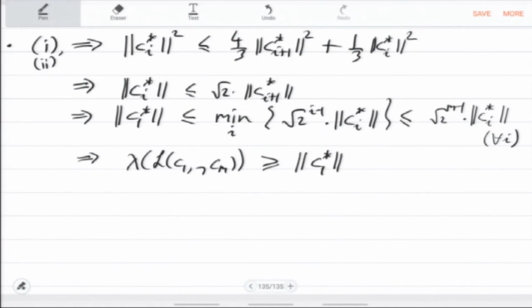C1 is equal to C1 star, right. So this is a lattice element. So the shortest vector is at least C1 star, since C1 star is equal to C1, which is in the lattice.